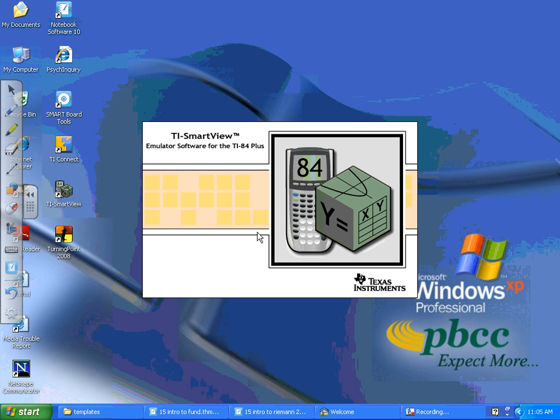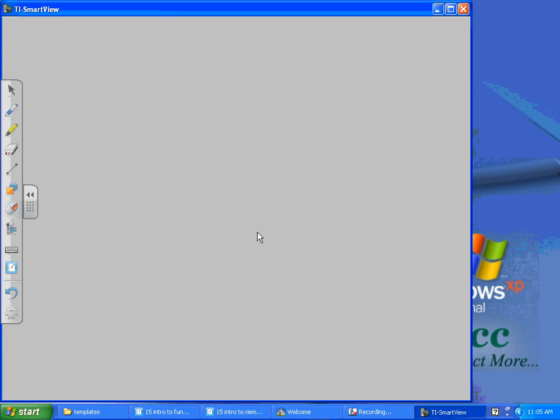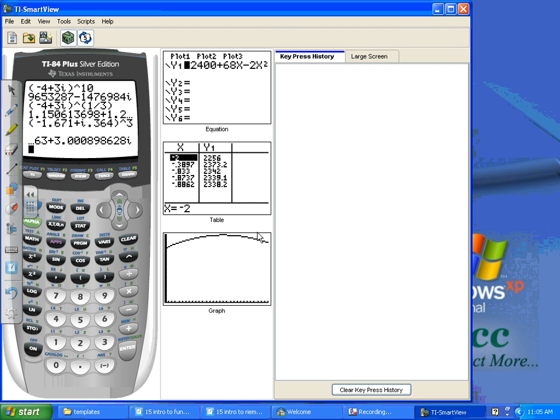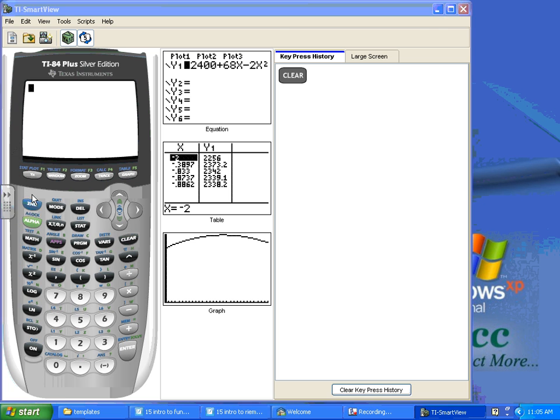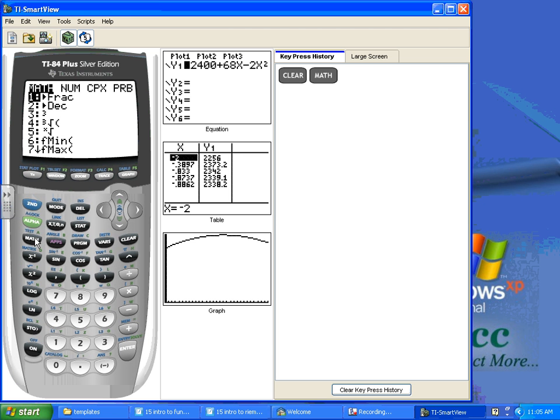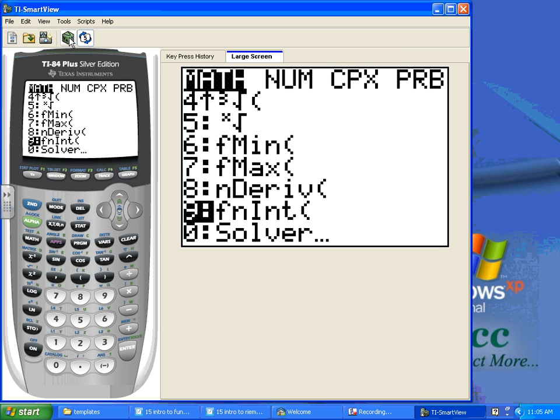So go to math and go all the way down to find the function integration key. You can go all the way down or go up where it says FNINT. It's number 9 on my calculator, as you can see, FNINT, function integration.